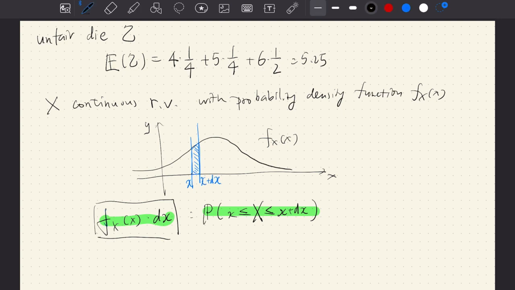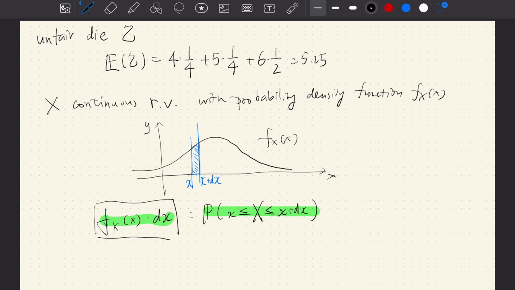To find the expectation value, we say that you have to multiply the possible outcome by its probability of appearing, right? For this very small strip, x can actually take on any value between x and x plus dx, but if we let dx be small enough, then every value within this interval is very close to x.